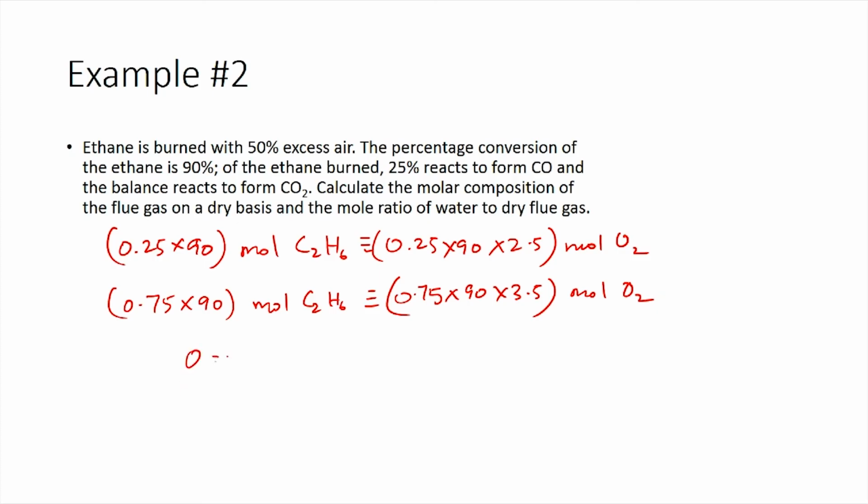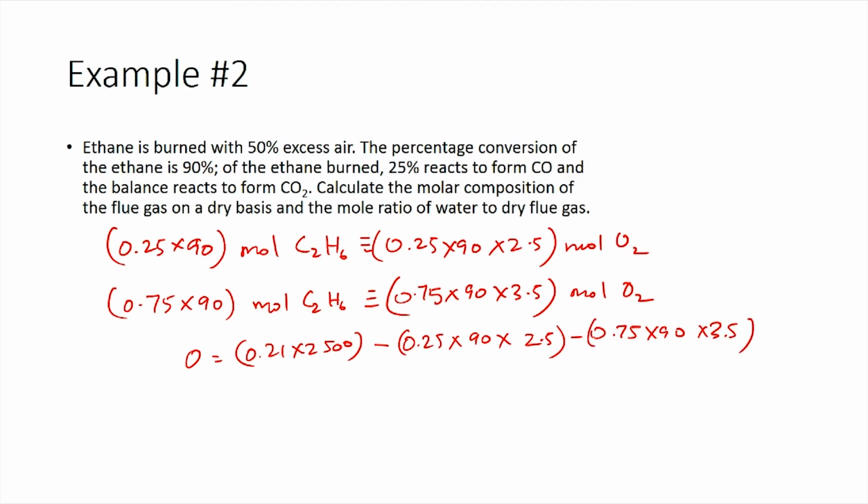So, output would equal input, which is 0.21 times 2500, minus the two consumptions, which are 0.25 times 90 times 2.5 minus 0.75 times 90 times 3.5, giving a value for the output, N2, as 232 moles of oxygen.